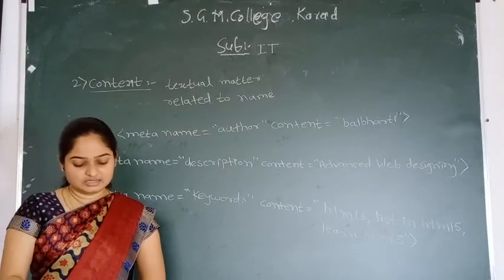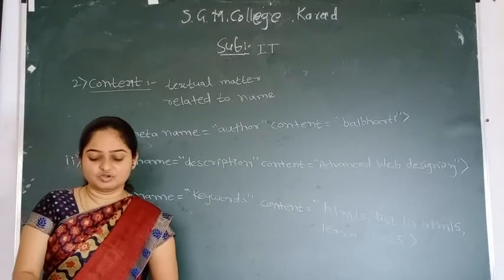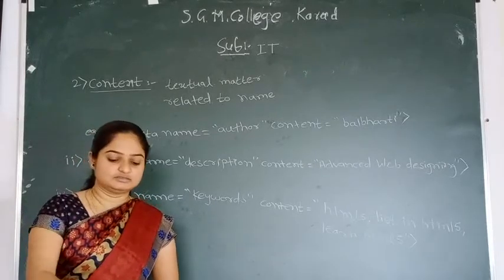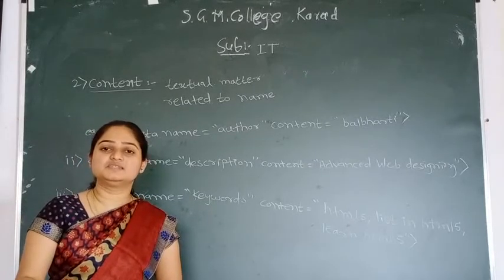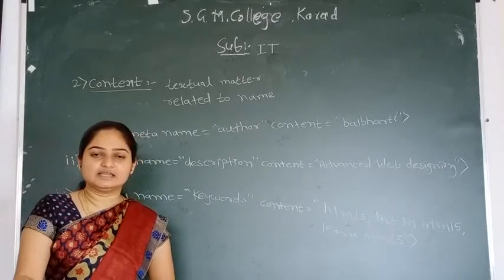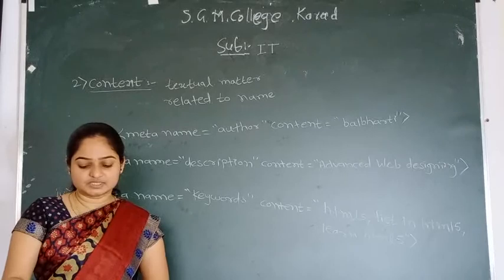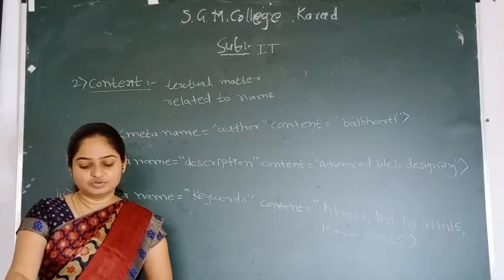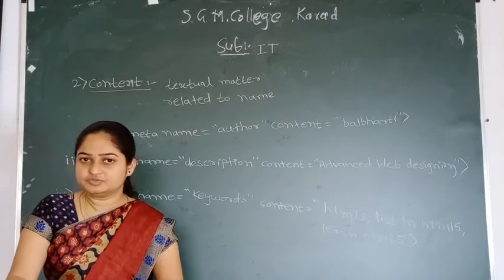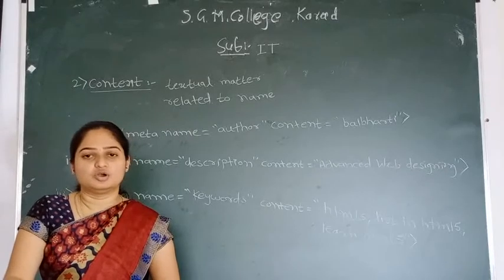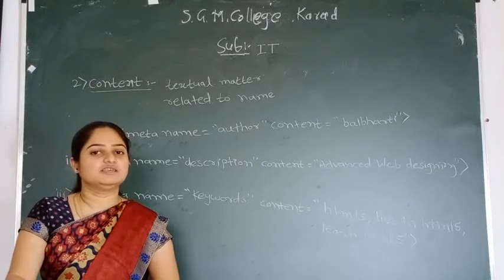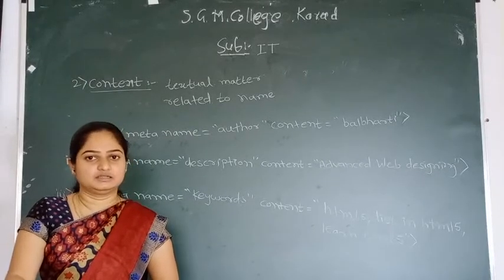These are the attributes of a meta tag. The first is name, the second is content. The name is a specified attribute value. The value of a name attribute can be related to author, description, keywords and copyright.